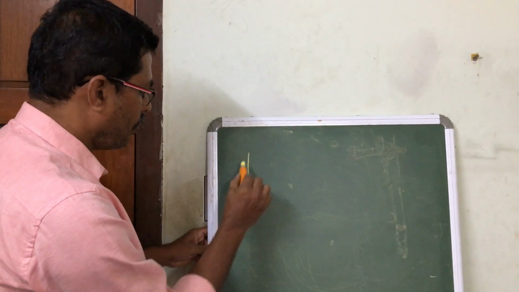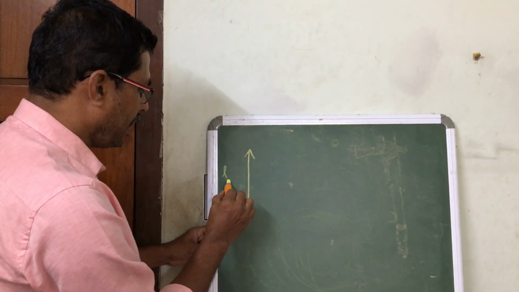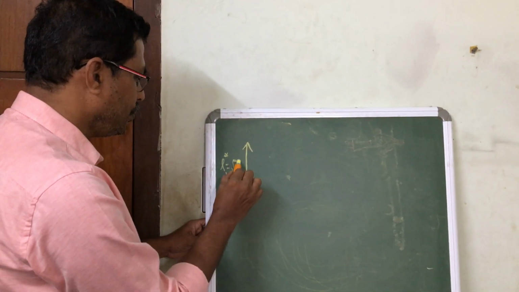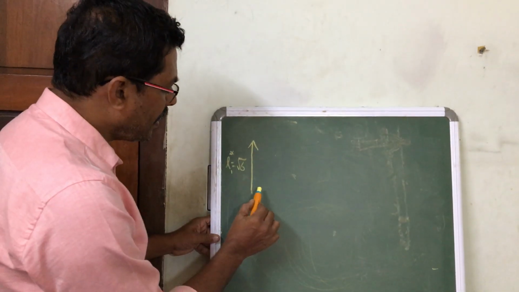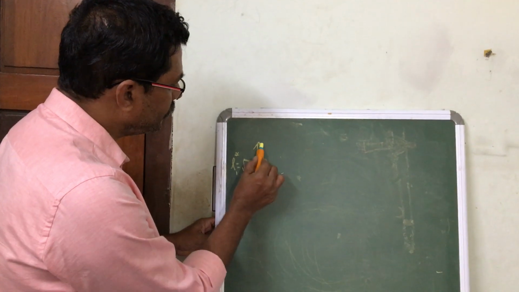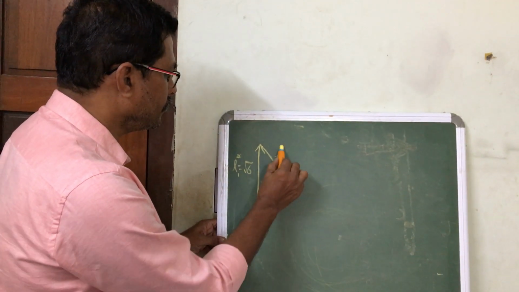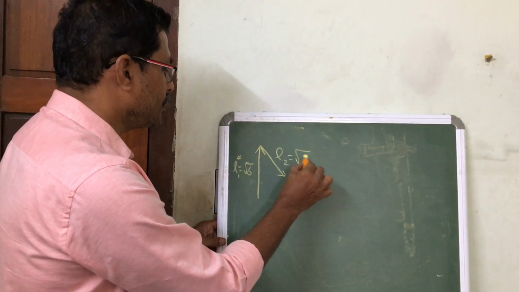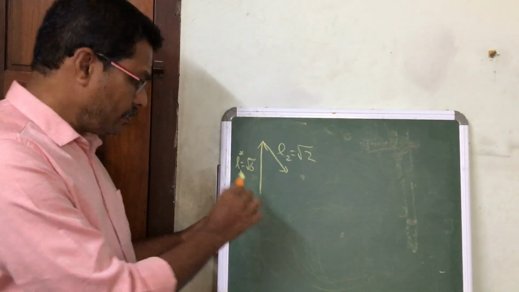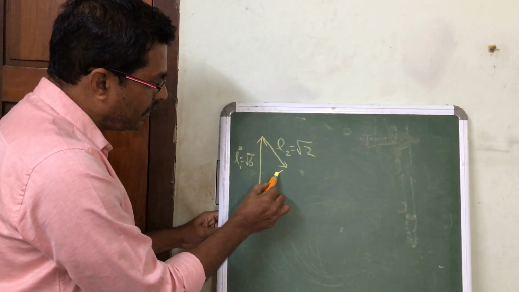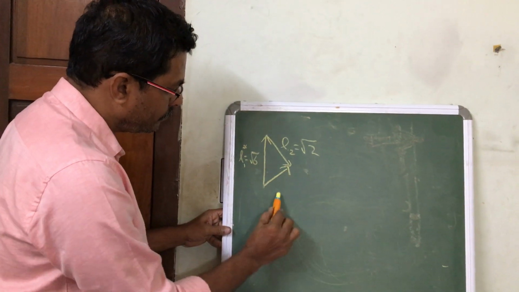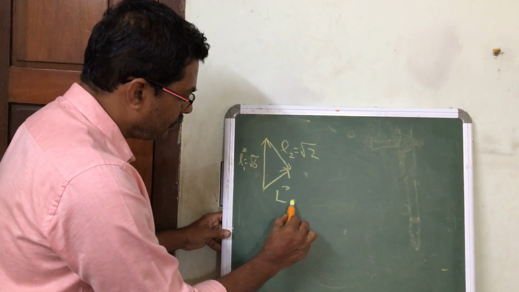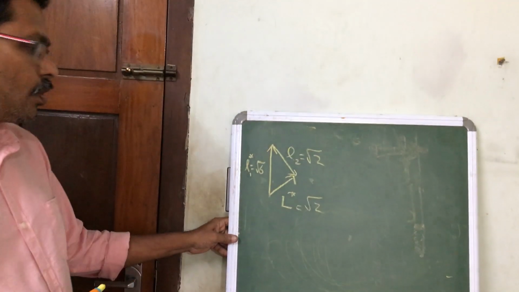The three possible combinations are: this is L1 star, which you are considering as root 6, as well as you have L2, which is root 2. So this L1 plus L2 will give you capital L star, whose value is here root 2.